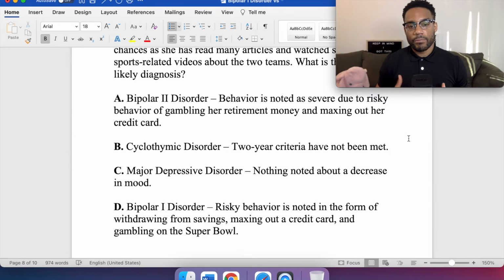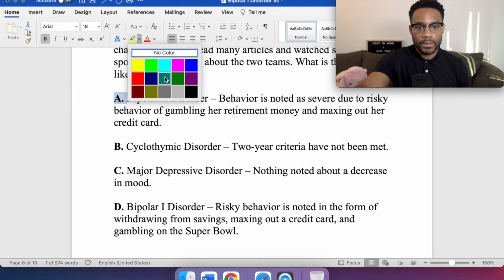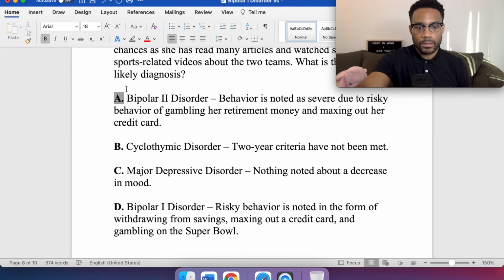But the behavior that we're seeing with this person is very severe, with the chance for, again, very risky, very damaging behavior. So we want to rule this one out.